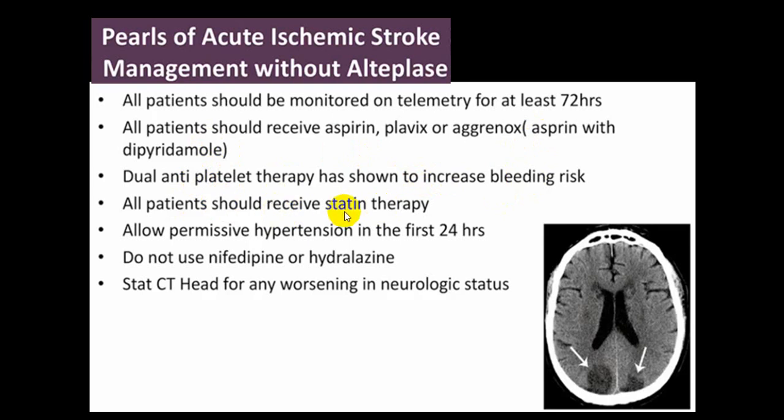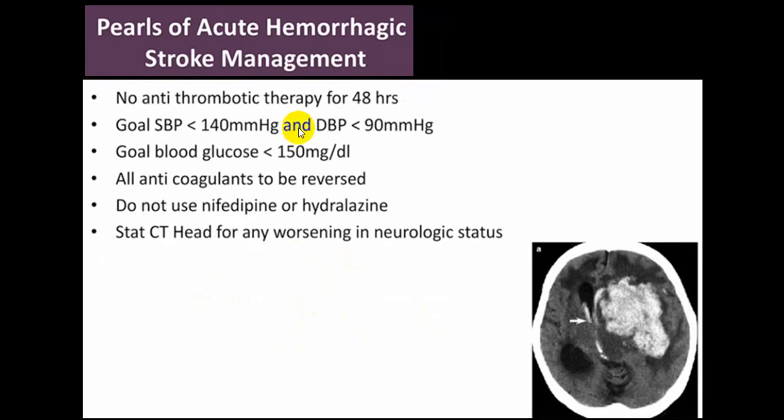All patients should receive statin in full therapeutic dose, we call it high statin therapy. Hypertension should be well controlled. Do not use nifedipine or hydralazine. And have a regular checkup if required. Repeat CT if there is a deterioration in neurological status. No antithrombotic therapy for 48 hours.